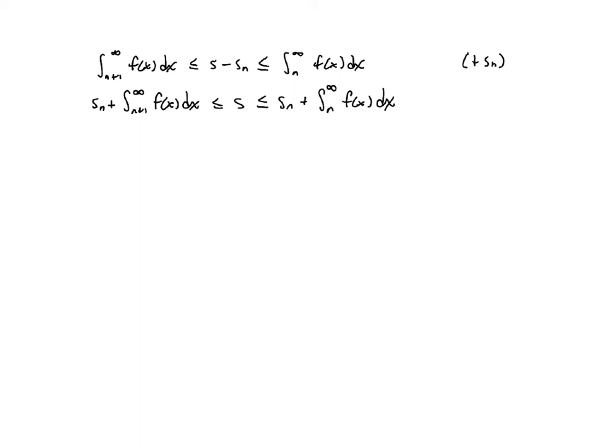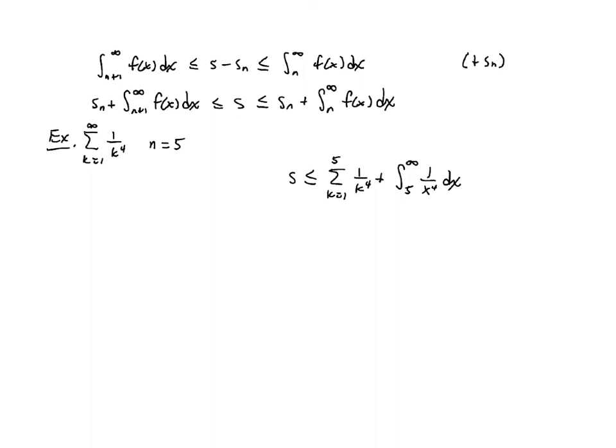And so, for instance, in our example, this tells me that the complete sum that I was trying to compute is somewhere in between the summation k equals 1 to 5 of 1 over k to the fourth plus the integral from 5 to infinity of 1 over x to the fourth dx.